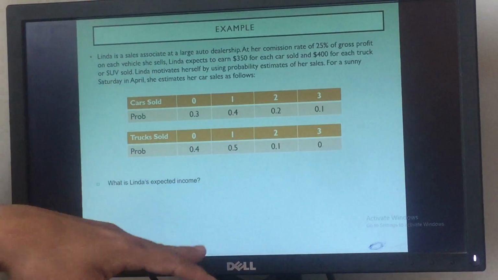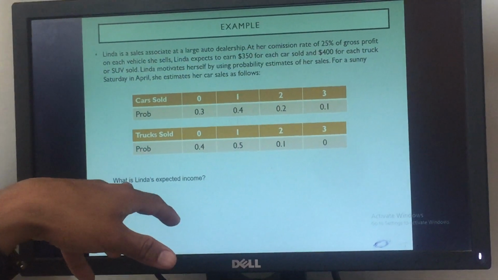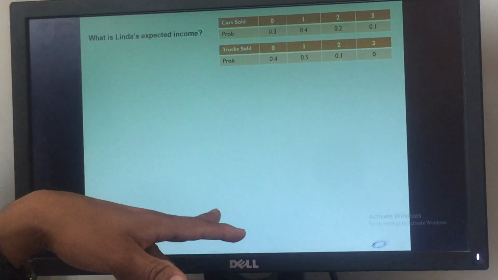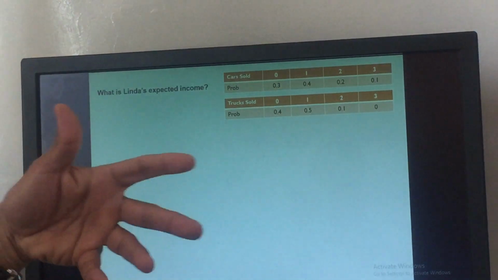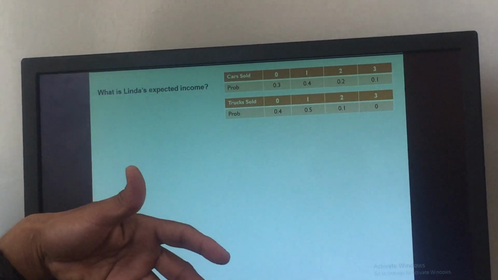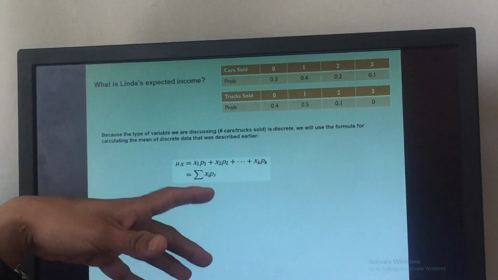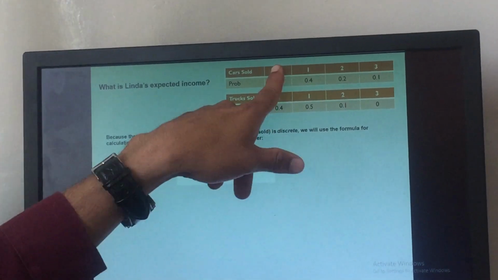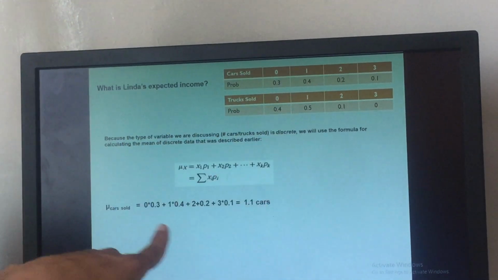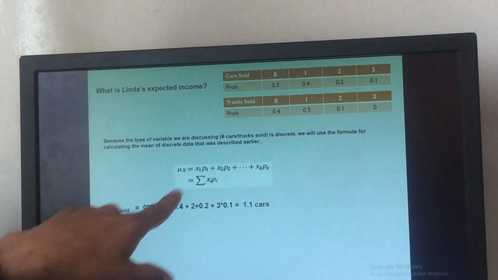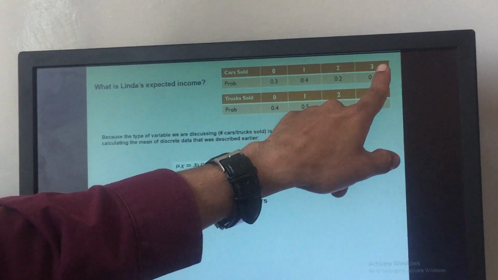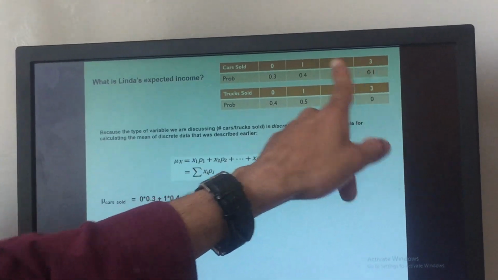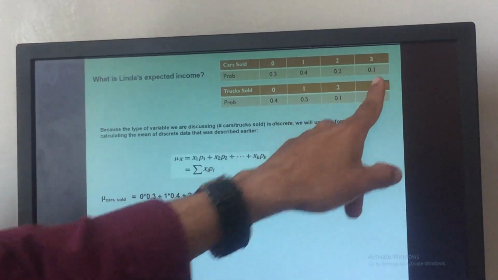Now we're going to calculate Linda's expected income. Linda's expected income is actually the mean. How can we calculate the mean? x times p, right? For cars, 0 times 0.3, 1 times 0.4, and similarly for 2 and 3, with 3 multiplied by 0.1.